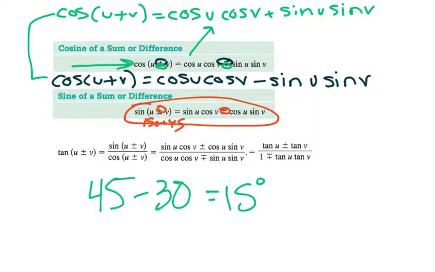I did it the other way. Let's see, tangent of u minus tangent of v.